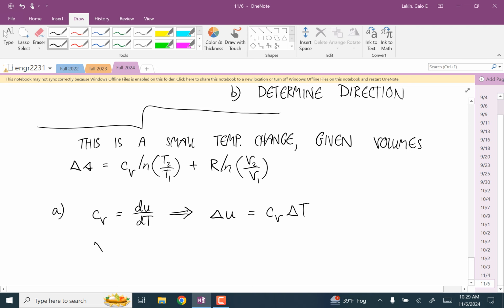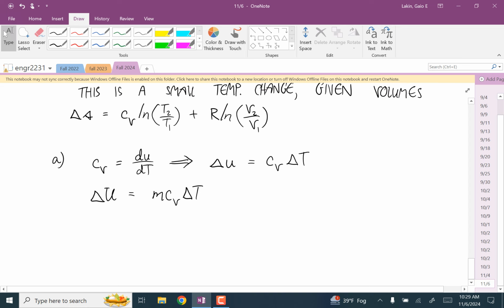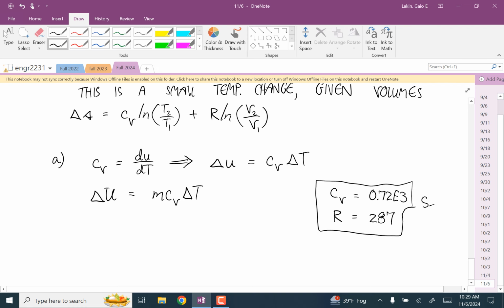And the change in extensive internal energy then is just the mass times CV times the change in temperature. Since these are both air, we're going to use these values. CV is equal to 0.72 times 10 to the third, and R is equal to 287. These are in SI units.